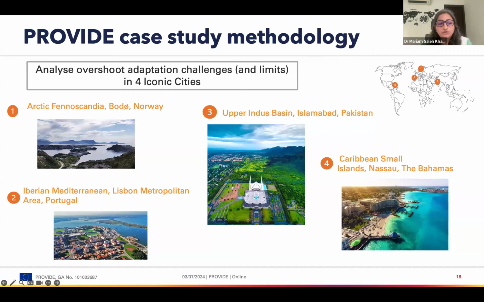Then the second iconic region was Iberian Mediterranean, and Lisbon was one of the iconic cities. For Upper Indus Basin, we selected the city of Islamabad, the capital of Pakistan, and then from the Caribbean small islands, Nassau was the iconic city in our project to study the impacts of overshoot on the urban scale. Next slide, please.